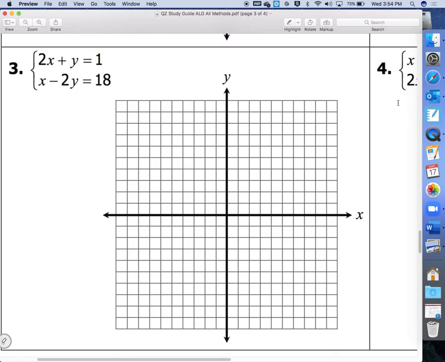I'm going to take that first equation and isolate the y. To graph that line, I start at +1, and my slope is -2. Looking at the second equation, when I isolate the y, this line has a slope of +1/2 and a y-intercept of -9.